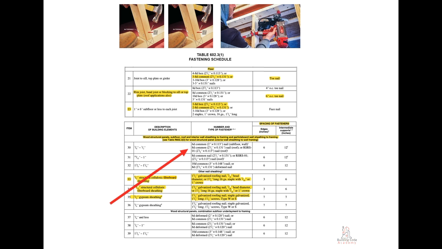Or RSRS 01, 2 3/8 inch by 0.113 inch nail, roof, spaced 6 inch to the edges and 12 inch in intermediate supports, and so on. Please review this table very carefully and be ready to get 3 to 4 questions on ICC exam.